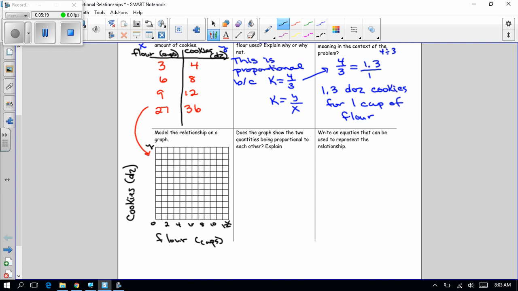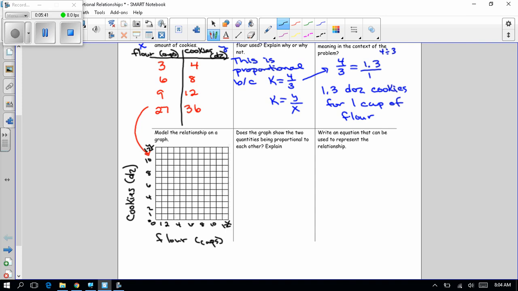I don't need to write them all down, but if you need to write them all down, please do so. In fact, having that one there might be helpful. And dozens of cookies, again, I'm just going to count by ones, 0 through 12 up at the top.